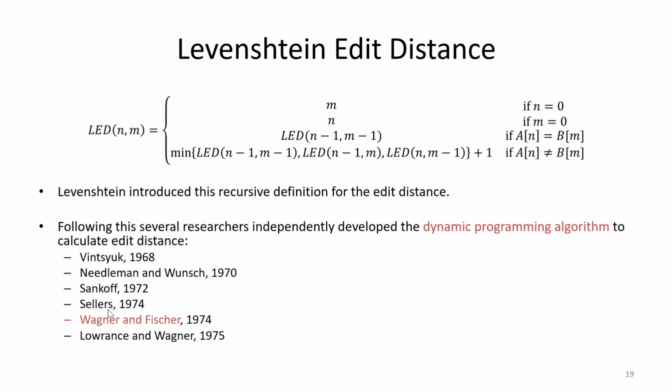But I'm not as familiar with Wagner, though I'm pretty sure Fischer is a pretty famous computer scientist who's made multiple contributions as well. So maybe a little bit of fame helped popularize this algorithm. So in this case, the algorithm that we just designed is also known as the Wagner-Fischer algorithm. If you happen to be looking for it again, a Google for Levenshtein edit distance would probably uncover it, but take a quick Google for Wagner-Fischer and you'll definitely find some information about it.